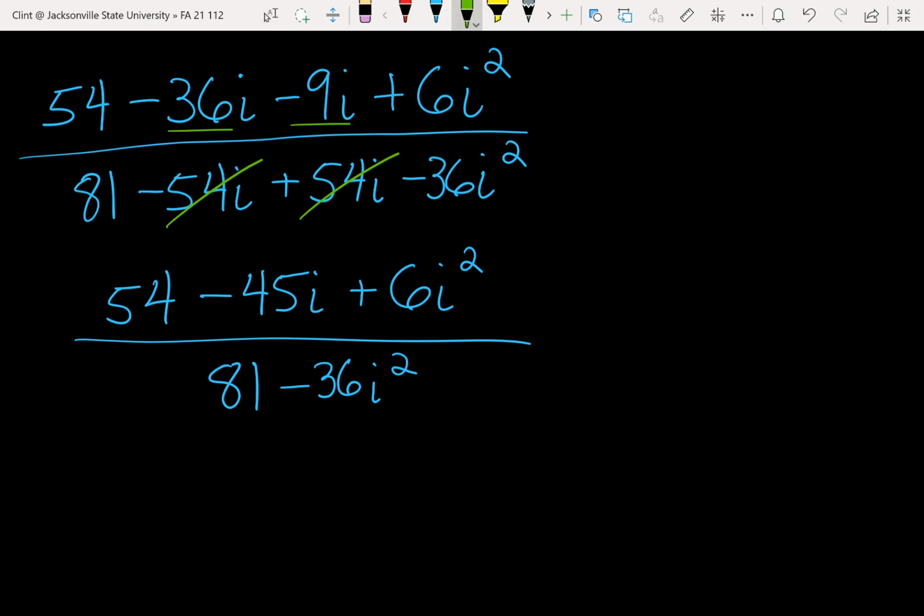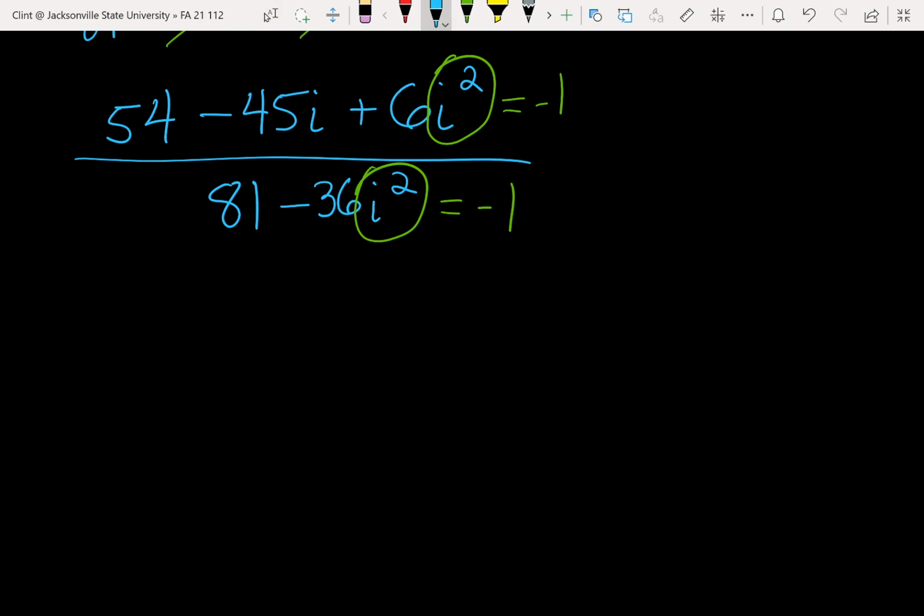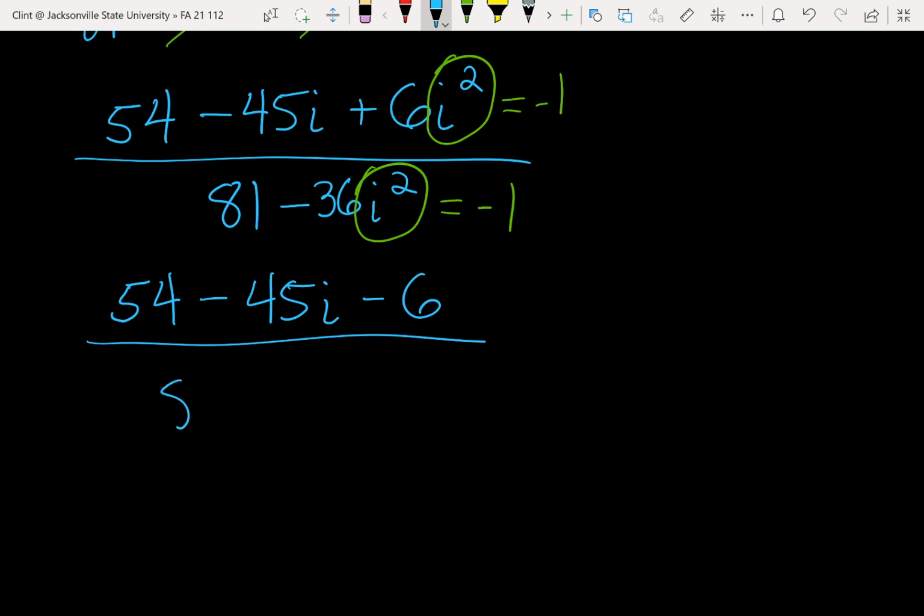And then we've got a couple of i squareds to deal with here. Okay, so if we deal with those, plus 6 turns into negative 6. On the bottom, negative 36 turns into plus 36.